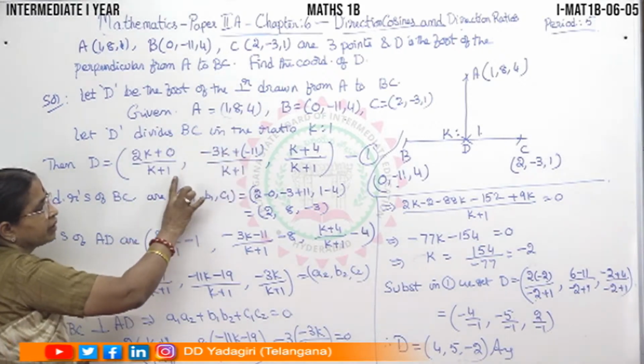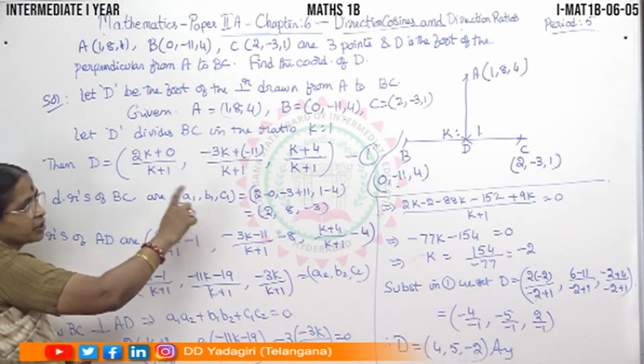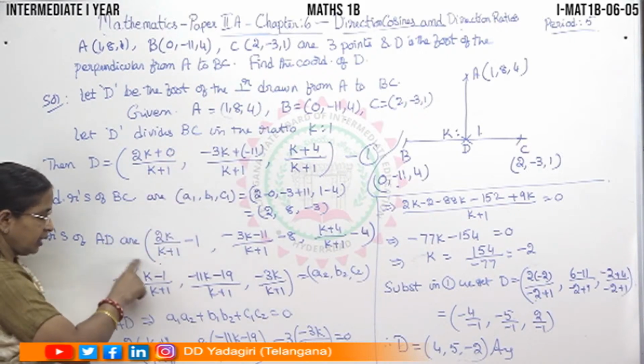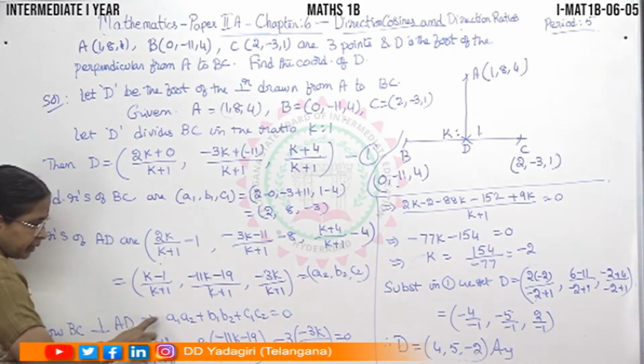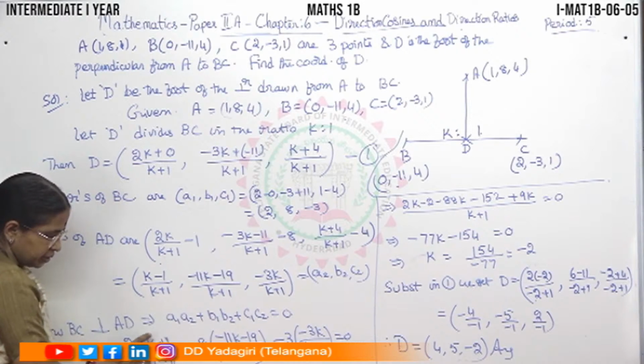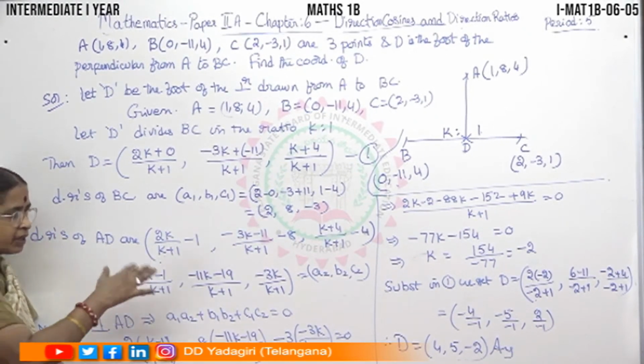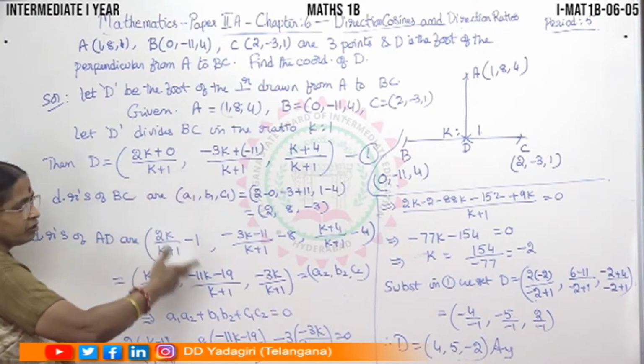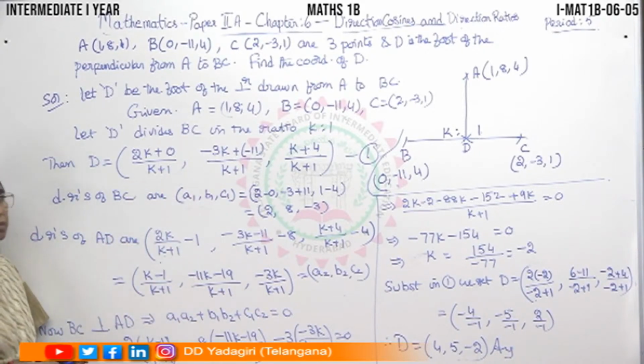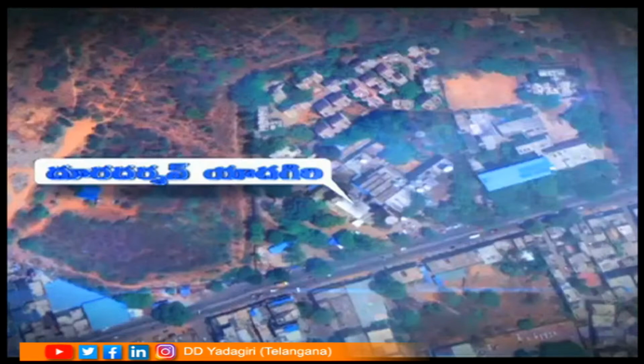Find the coordinates of D and then find the direction ratios of BC and AD. Since they are perpendicular, they satisfy this condition. Substitute in the condition and find out k. After getting k, you can find the coordinates of D. So like this, we do the problem. This is again very important for 7 marks. Now we'll continue with the problems in the next class.